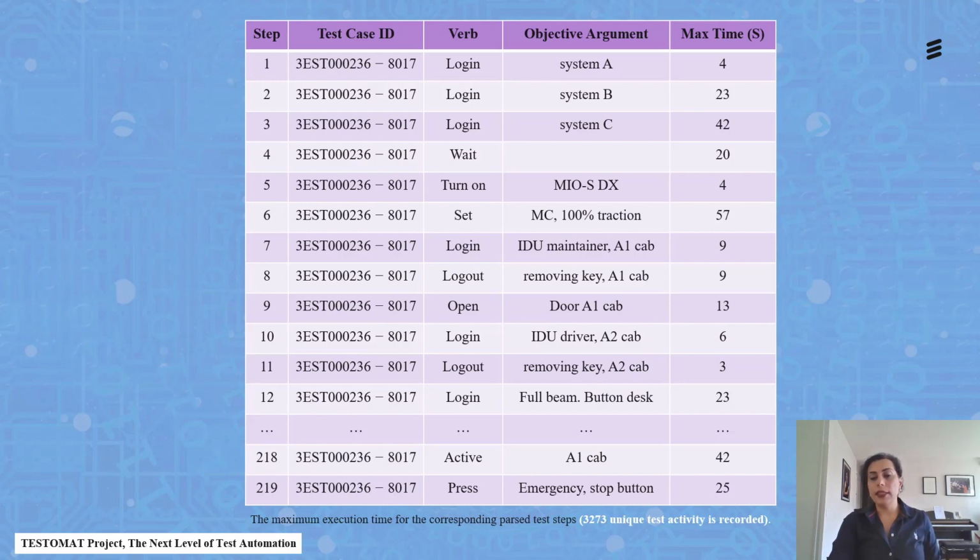We saved the test case ID, the test case name, and one verb and supportive argument for each test step in a test specification. If we could find time information in the test specification, we saved that time, and if we couldn't find it, we assume a baseline time of 3 seconds, which we got from subject matter experts at Bombardier.